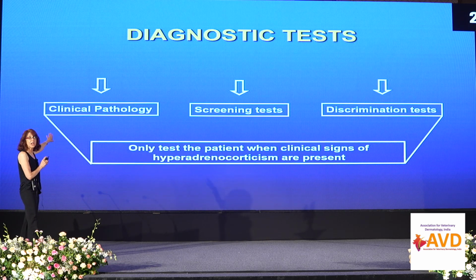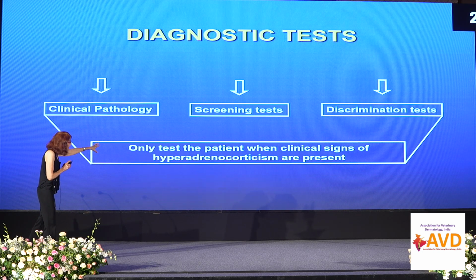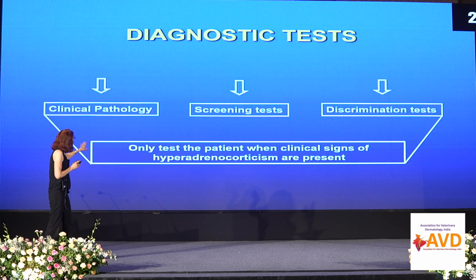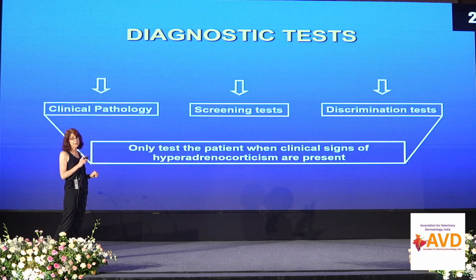Clinical pathologic changes again can help with the diagnosis. The tests that we use to diagnose the disease answer the question, does my patient have Cushing's disease? And then the test to localize it, pituitary or adrenal. Only test the patient when clinical signs and history are supportive of the disease, okay?